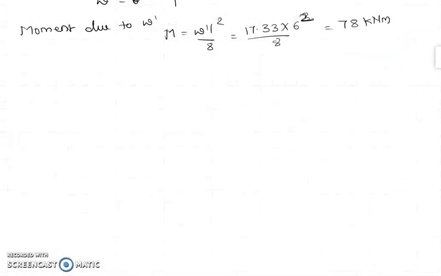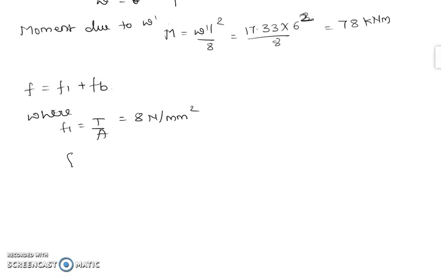First we can get F1. There are two stresses. Total F is nothing but F1 plus FB, where F1 is T by A, which is equal to 8 Newton per mm square, and FB is M upon I into Y, where M is 78.